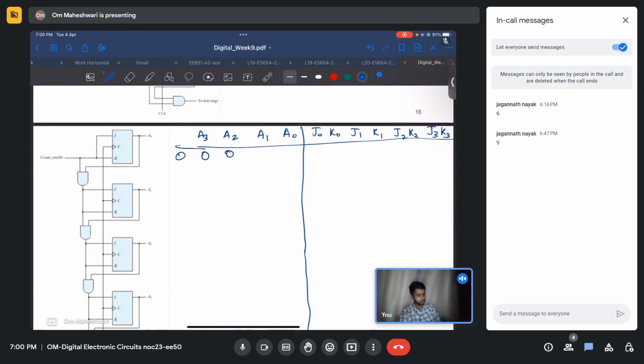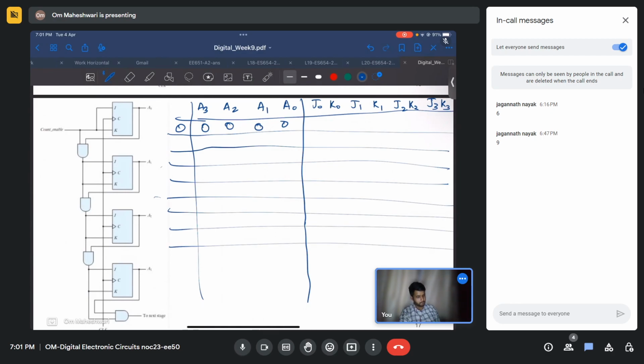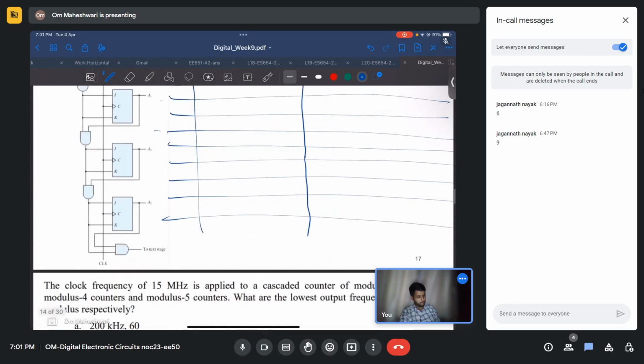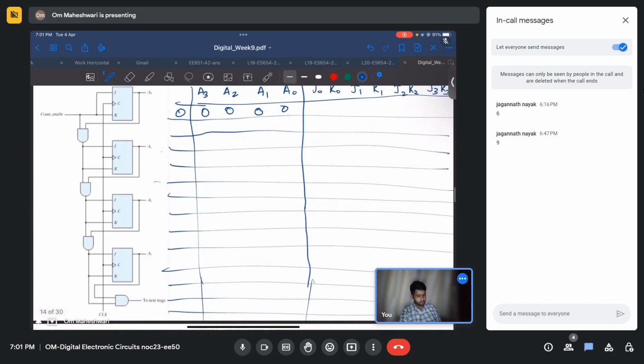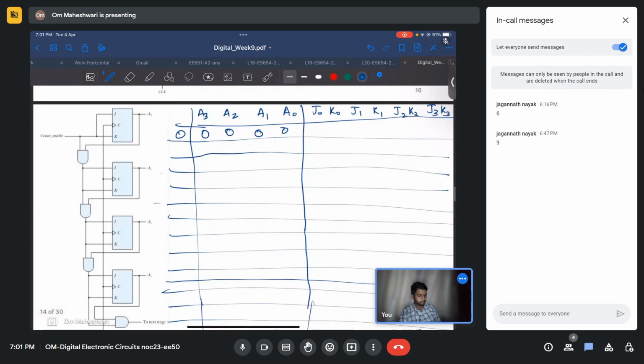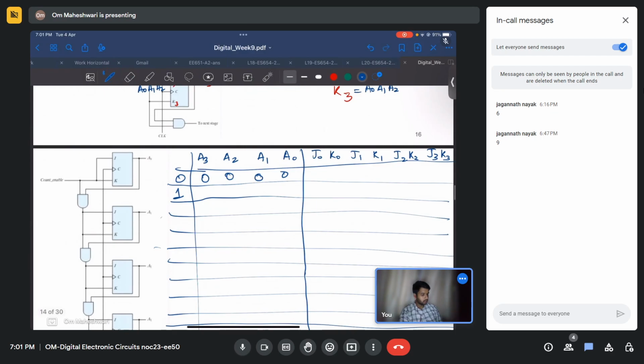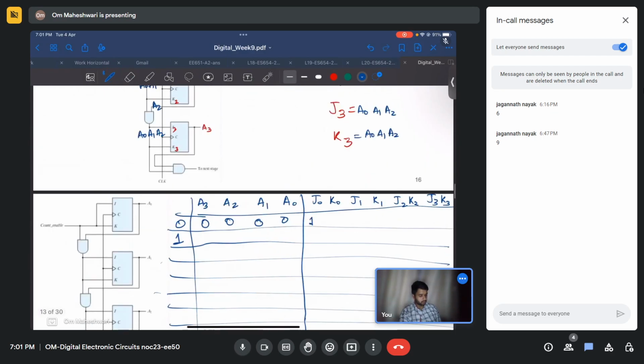Start with 0, 0, 0, 0. So in the first cycle, J0, K0 is always 1, 1, right?